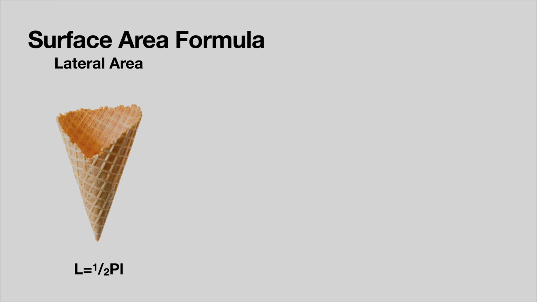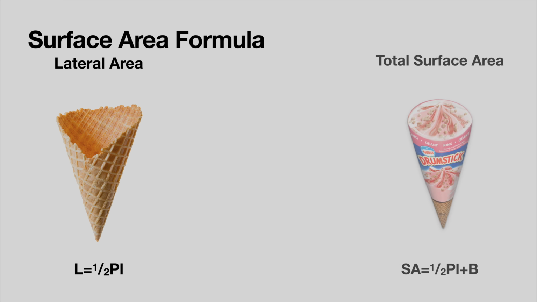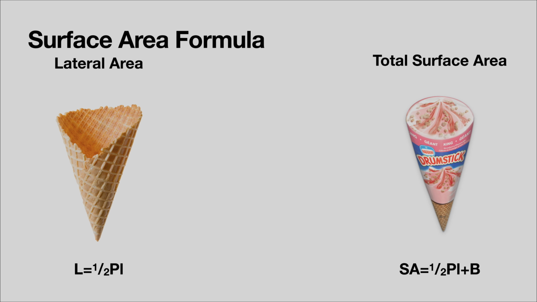By the way, instead of a regular cone, we would call it a right cone. Now what if we actually had a base like, say, this drumstick right here? Suddenly, we have a total surface area where we also have the bottom. So for that, it ends up being 1/2 the perimeter of the base times the lateral height, but then we also have to add the area of the base.